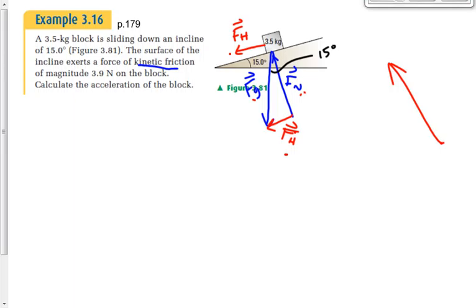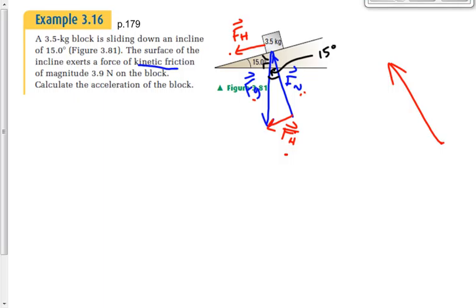Look, if this is 15 and this is 90, then this one is going to be 75. And if that's 75, then that's got to be 15, because they've got to add up to give me 90. If you don't quite get that, it's not the end of the world, because this angle right here will always be the same angle as we have at the bottom of the hill.